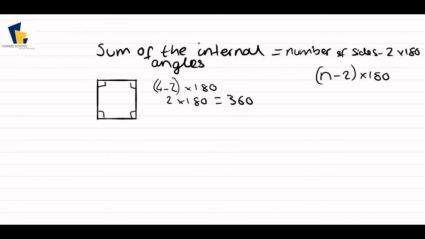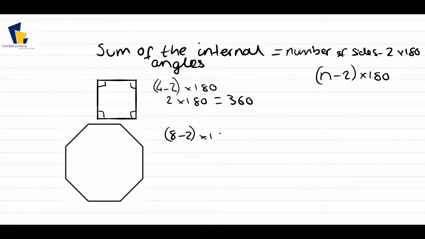Let's have a look at another shape. Here we've got an octagon. We've got 1, 2, 3, 4, 5, 6, 7, 8 sides. So we're going to take the number of sides, 8, minus 2, and times it by 180. So 6 times 180 is going to give you 1080.